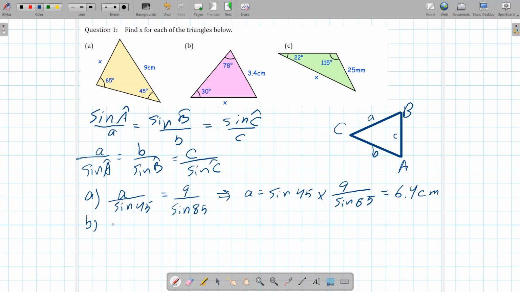About question B, we will do the same: x over the sine of the opposite angle, which is sine 78, equals 3.4 over the opposite, which is sine 30. Now x equals sine 78 times 3.4 over sine 30.